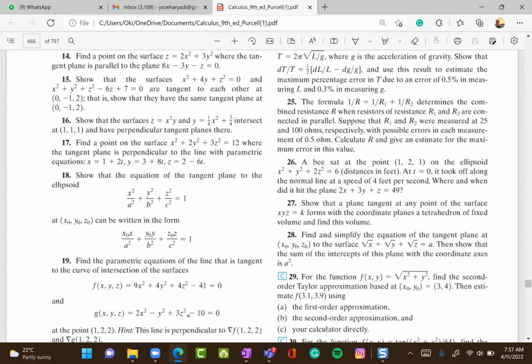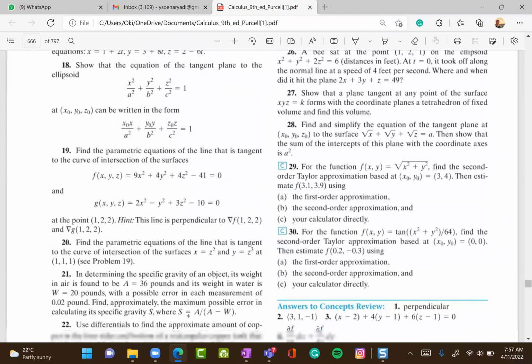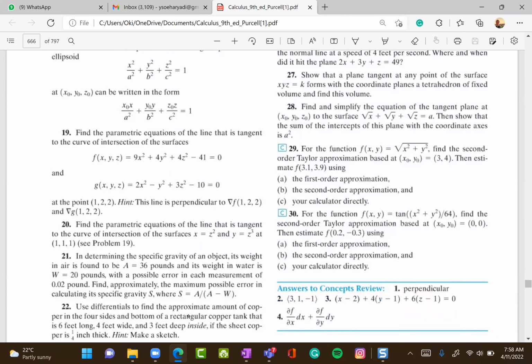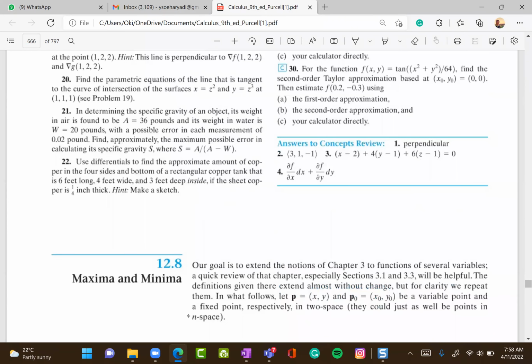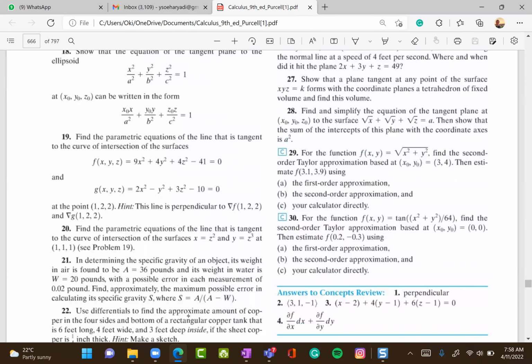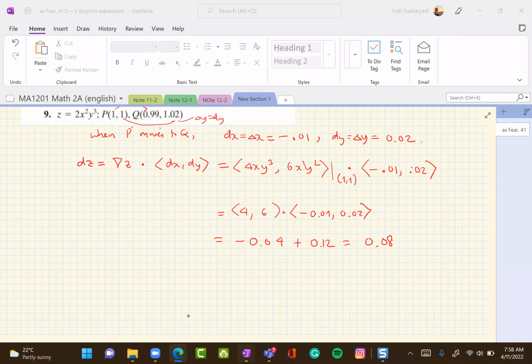Where is that thing? Okay, so let's do the 29. Oh, forget this one before we finish one.